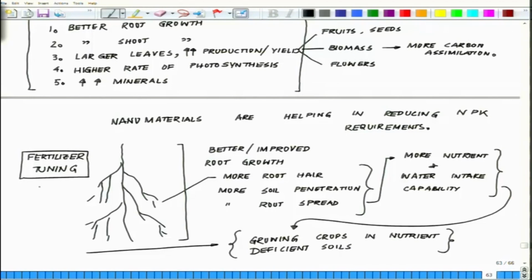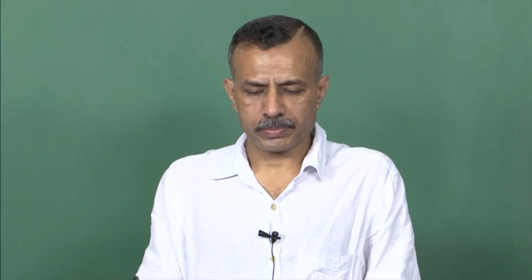Similarly, you can use fertilizer in precision farming, where you really have to be very particular. So there are different areas where this whole nanomaterial will come very handy.